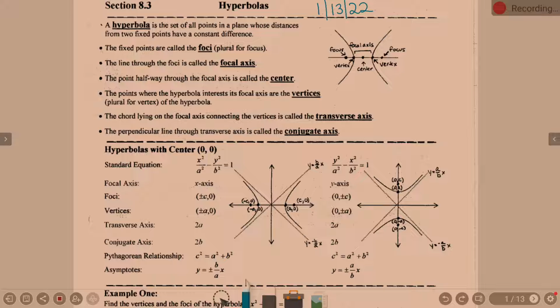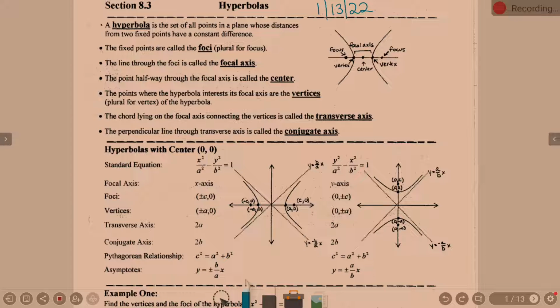So when you took those two distances and added them, it was always the same. With hyperbola, the set of all the points whose distances from those two fixed points have a constant difference. So when you subtract those amounts, it would always be the same. Those fixed points that we're talking about are the foci. So just like an ellipse, you have two foci.